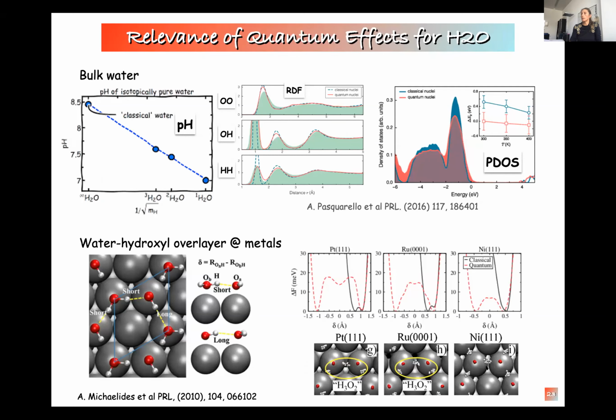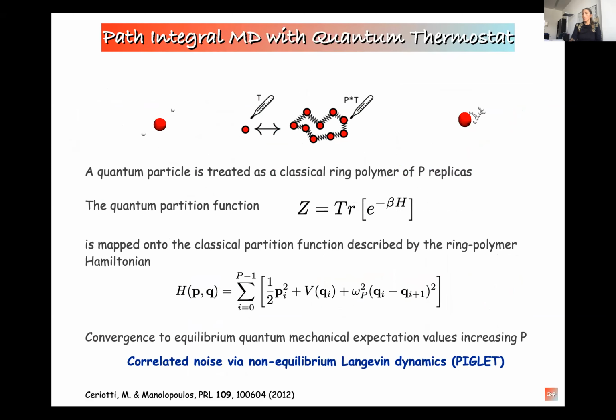What we have done, again for the platinum water interface, is consider the full slab of water above platinum.